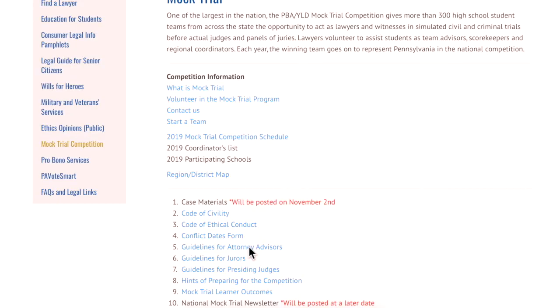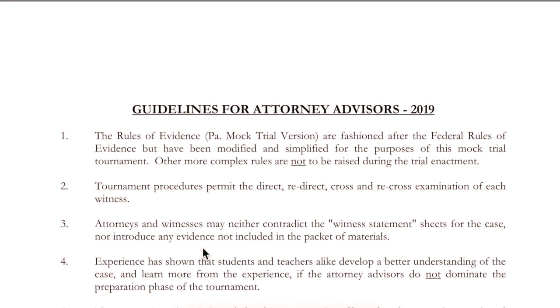In the previous episode, we finished with the conflict date forms, and now let's look at the guidelines for attorney advisors. Briefly, the rules of evidence have been greatly simplified for high school students because they have not had evidence in law school, of course, and they've been modeled after the federal rules of evidence.